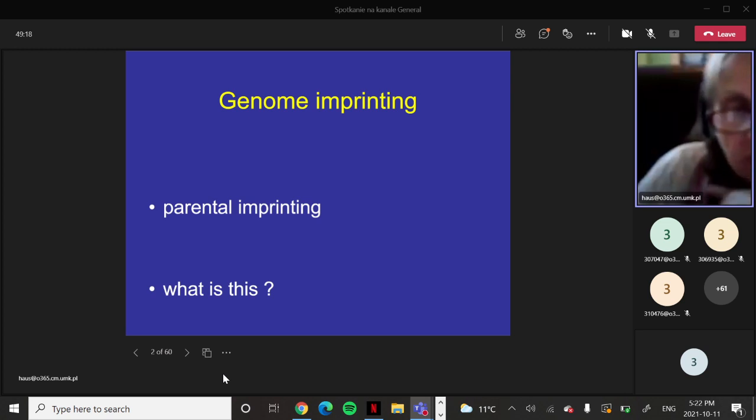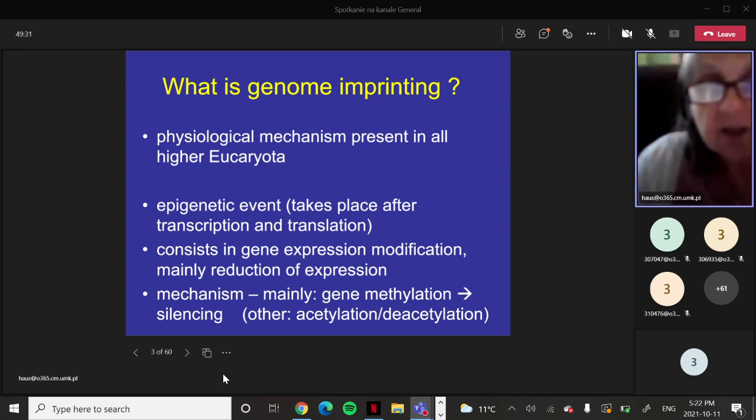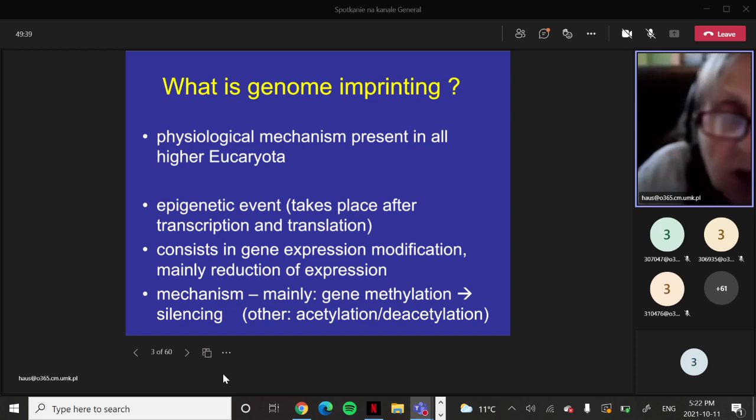We can call this phenomenon genome imprinting or parental imprinting. It is a totally physiological mechanism which is present in all higher eukaryota.